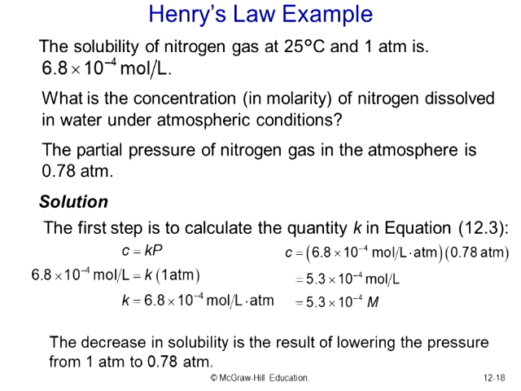Okay? So big M equals mole per liter. So note that the decrease in solubility is the result of lowering the pressure from 1 atm to 0.78 atm, and that is an important principle to hold on to. Okay?